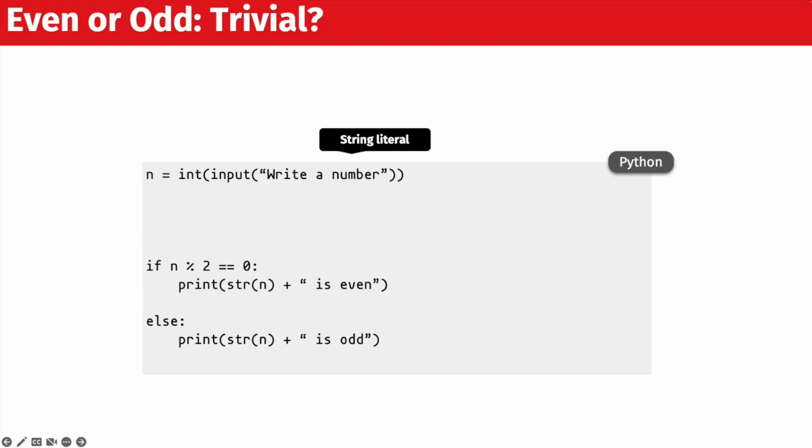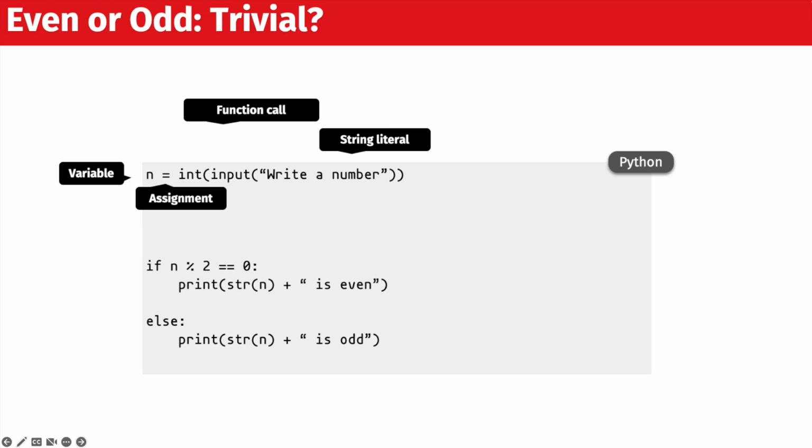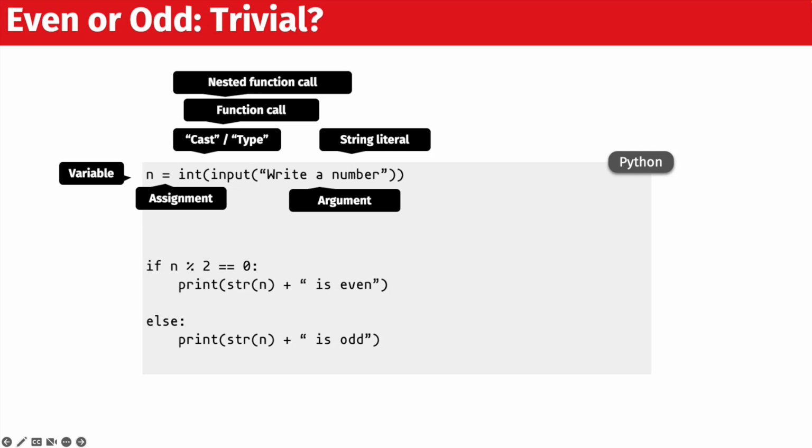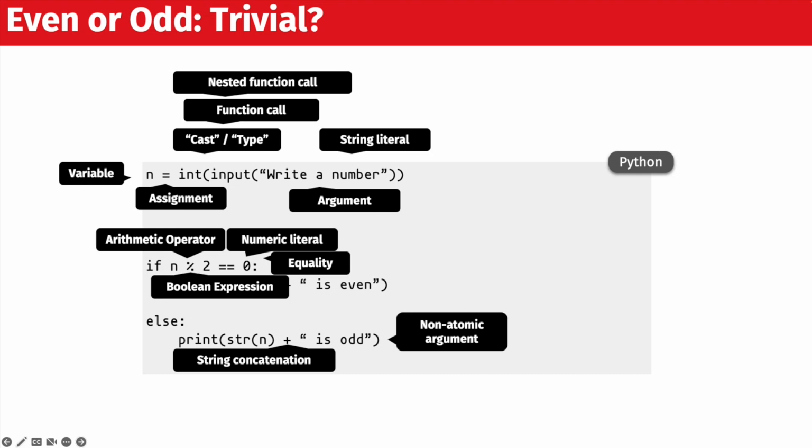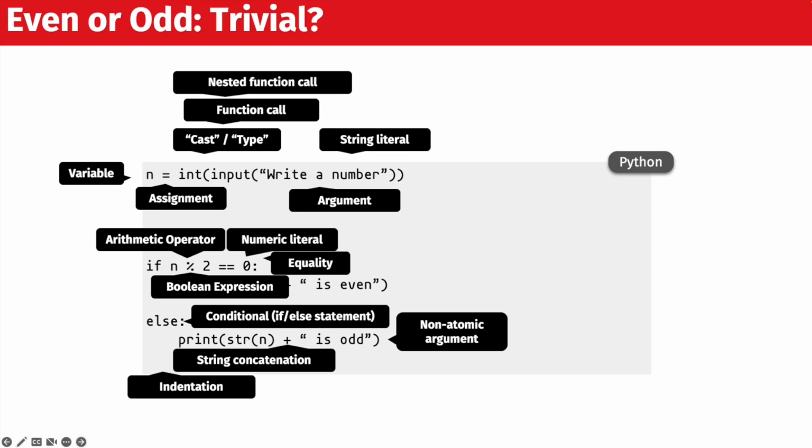For one, we have string literals, we have variables, we have assignment, we have calls to functions, we have to understand arguments, there is some sort of casting, typing here, we have nested function calls, and then we have string concatenation down there, then we have number literals, we have arithmetic operators, we have some arguments that are non-atomic, we have Boolean expressions, we have the concept of equality, we have a conditional if-else, which in Python also requires indentation, and then we have some output, and we have the input, which of course is also blocking.